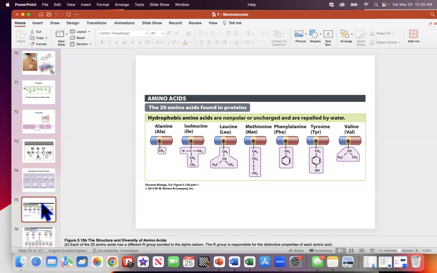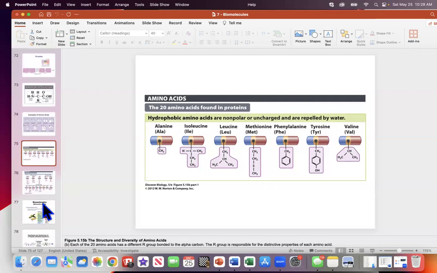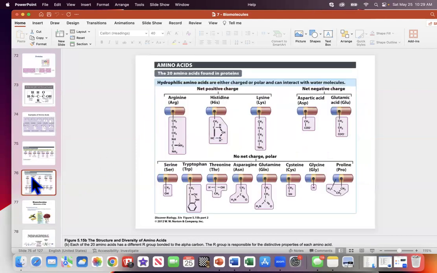These R groups decide the amino acids' characteristics. Some functional groups don't like water, so they become hydrophobic amino acids. When they form a protein, these amino acids will try to hide inside because they don't like water, and in the human body, it's all water. You also have amino acids that are hydrophilic, meaning these functional groups like water.